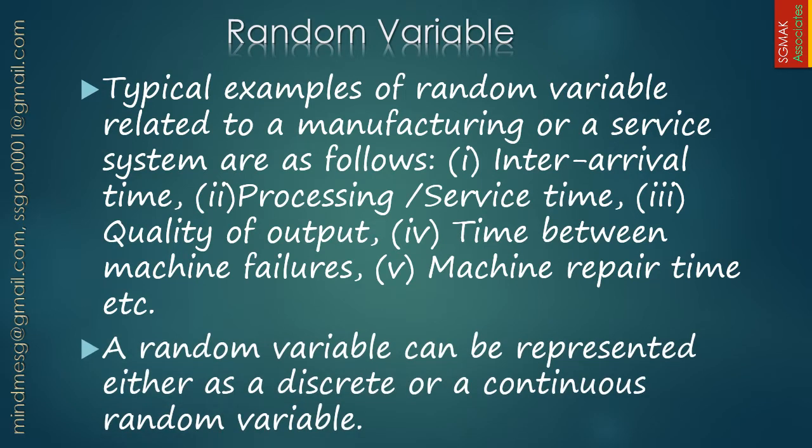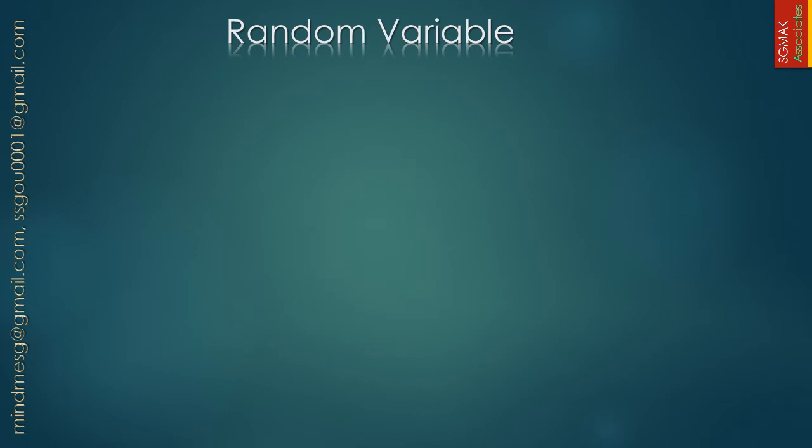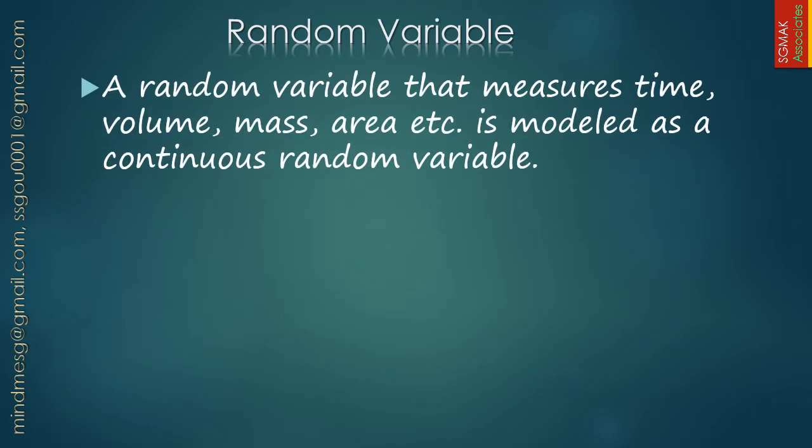We can represent a random variable either as a discrete or a continuous random variable. This you have to be very clear about this distinction. As you identify a random variable, it has to be either a discrete or a continuous random variable. Now, if a random variable measuring time, volume, mass, or area, if you have one of those situations, you are dealing with a continuous random variable.